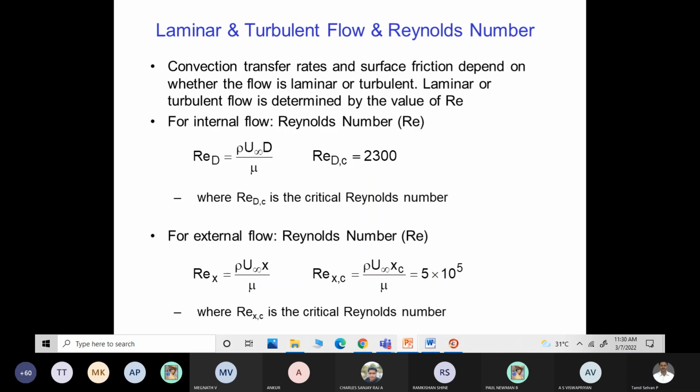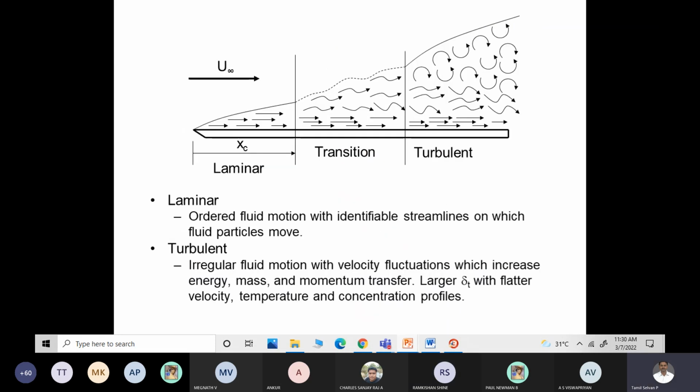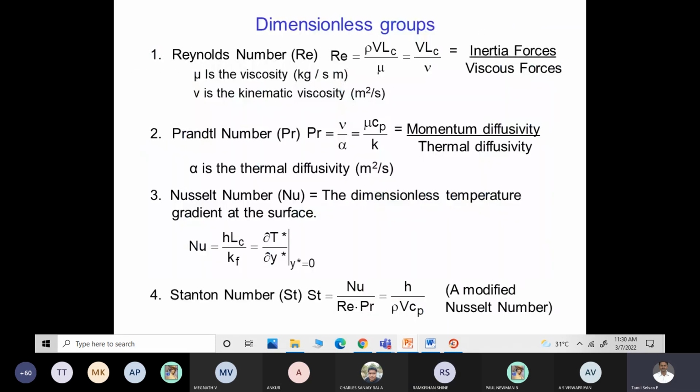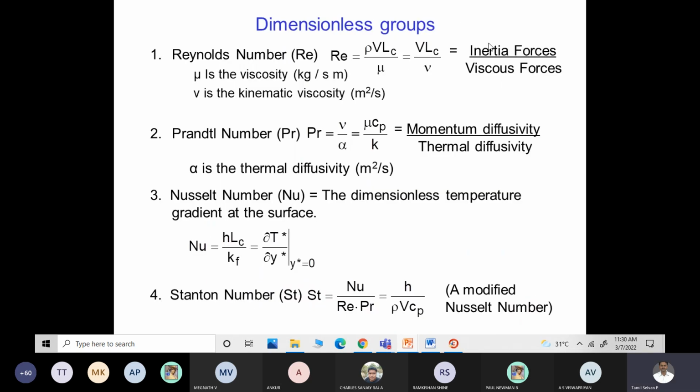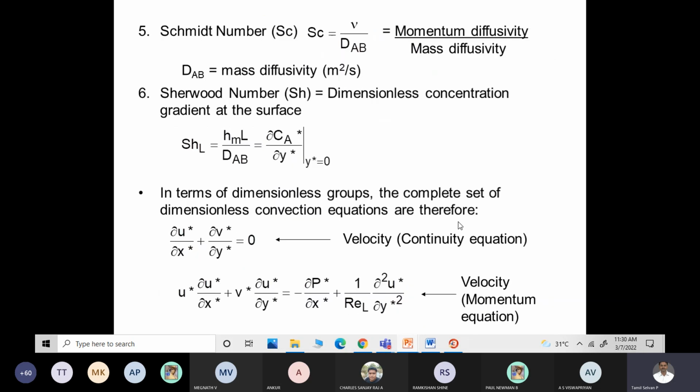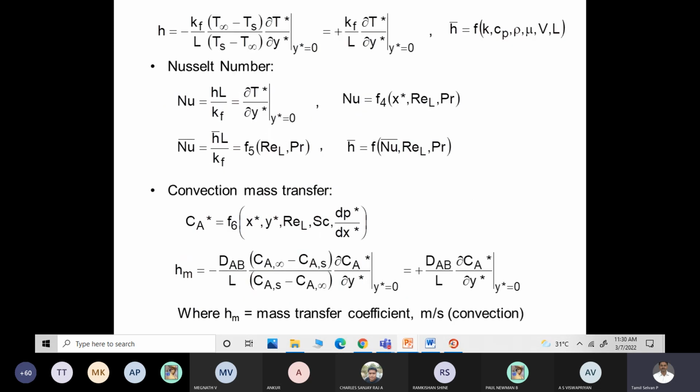The Prandtl number is momentum diffusivity by thermal diffusivity, and the Nusselt number is hL by k or hD by k. Then there are the Stanton number, Schmidt number and Sherwood number. These are some of the dimensionless numbers which we will be using.